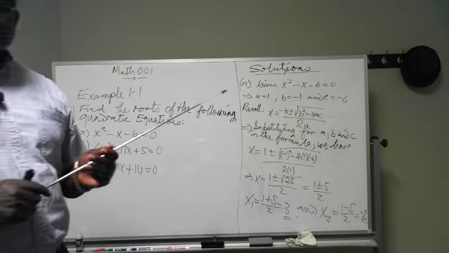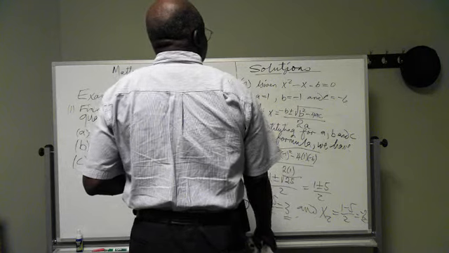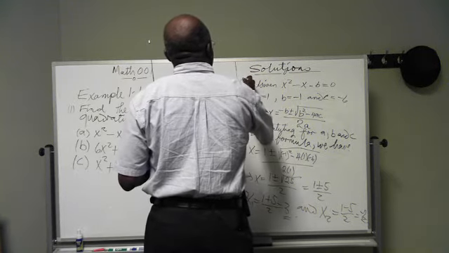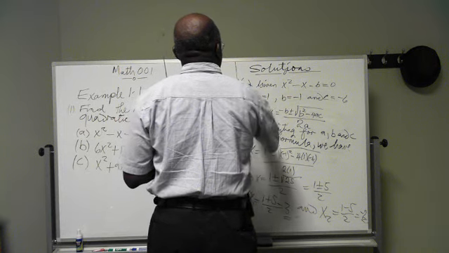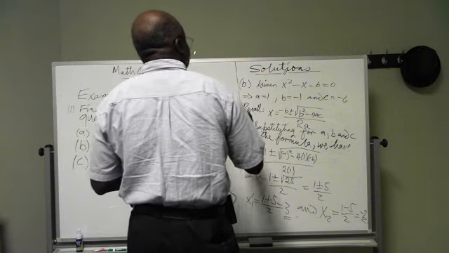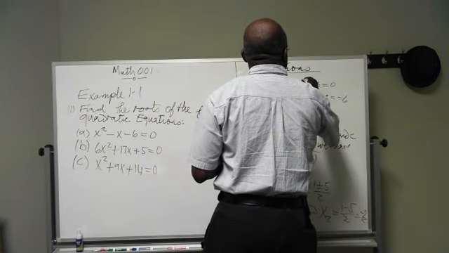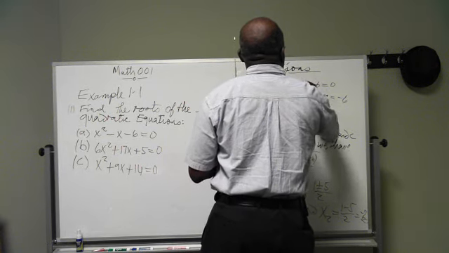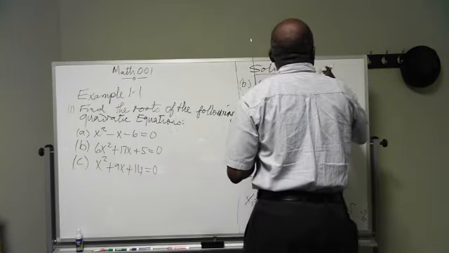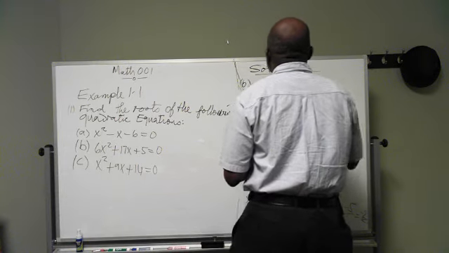Now let's go to equation B. For equation B, we have, given 6x squared plus 17x plus 5 equals 0.